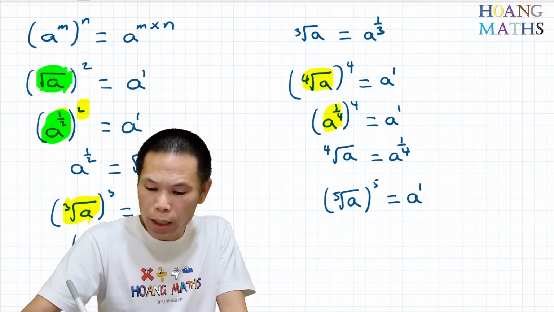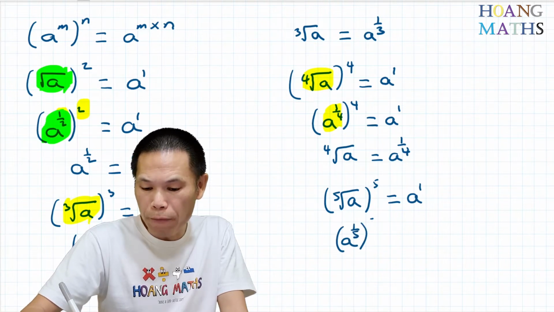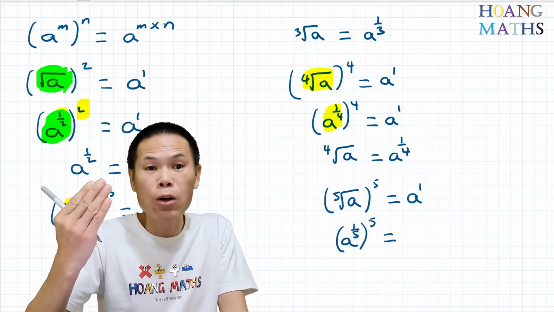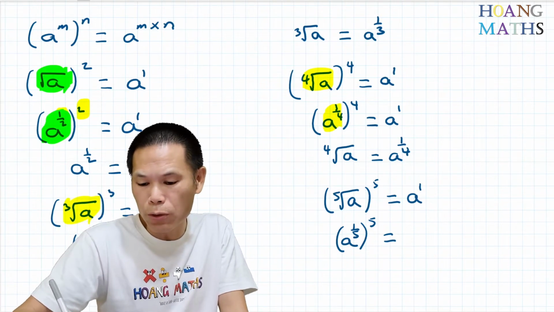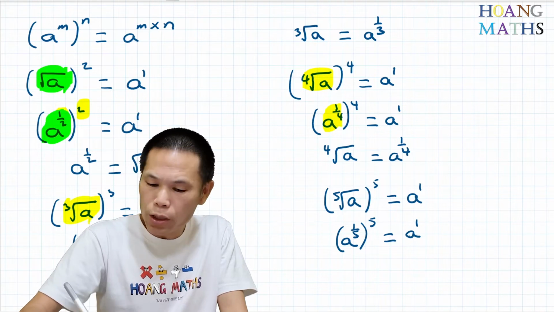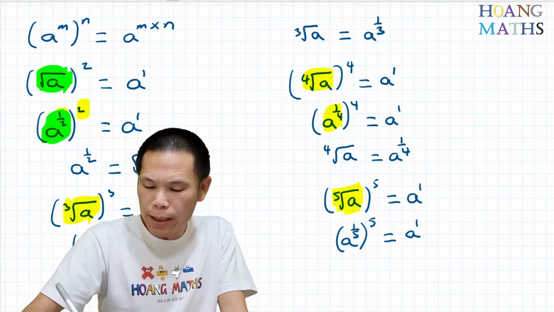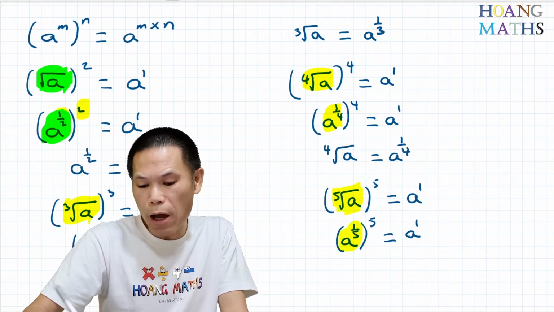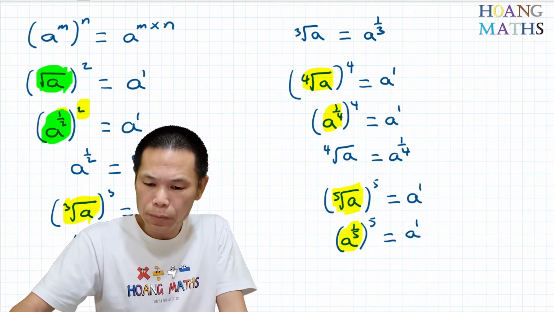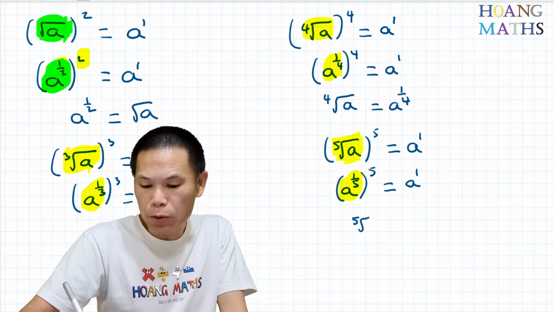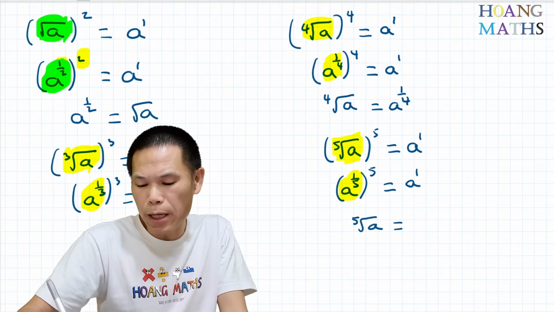And we know that if we have x to the power of 1/5 and raise it to the power of 5, from the index law 1/5 times 5 is 1, so that is equal to x to the power of 1. So this means that the fifth root of x is equal to x to the power of 1/5. So let me just write this down.